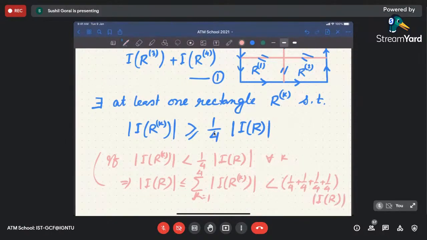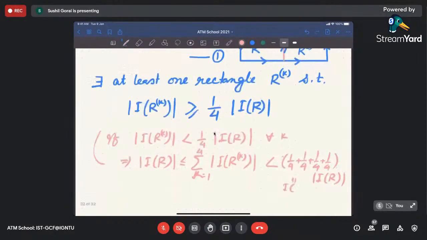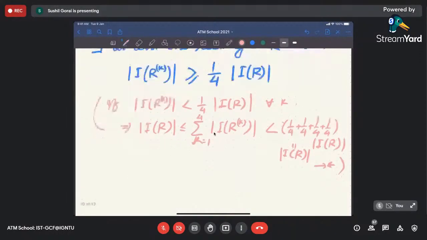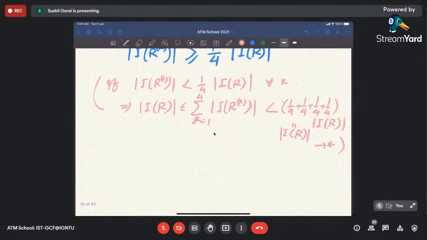Which is nothing but mod IR, and this gives you the contradiction. So this holds. So we assume R1 is that Rk.